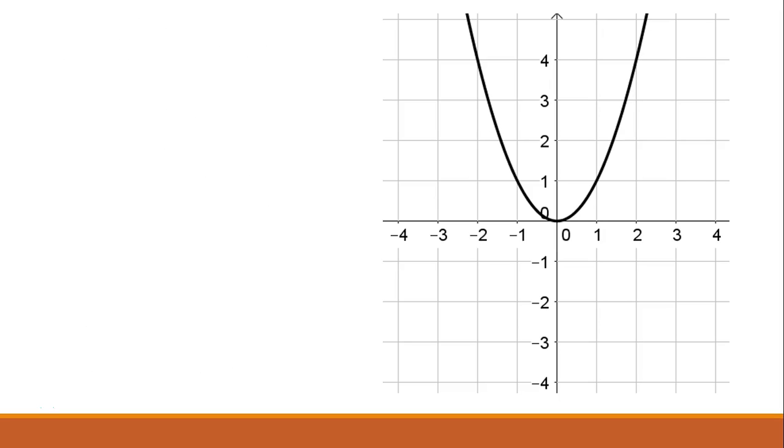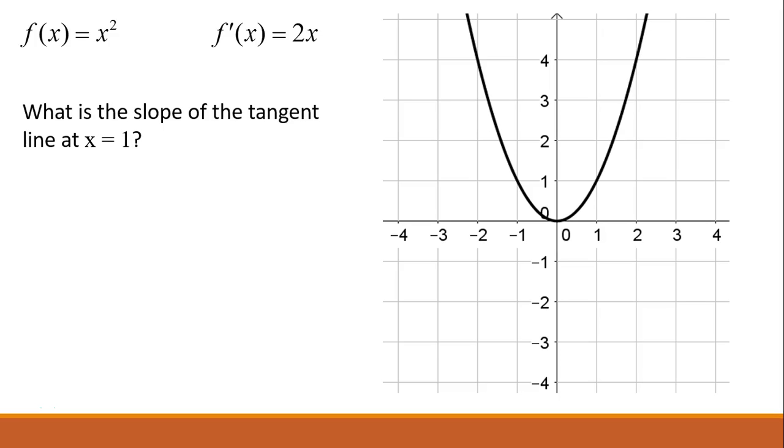So let's actually try that. Our function is f of x equals x squared. Our derivative of that function is 2x. What's the slope of the tangent line at x equals 1? So let's draw the line. There's our tangent line at x equals 1.